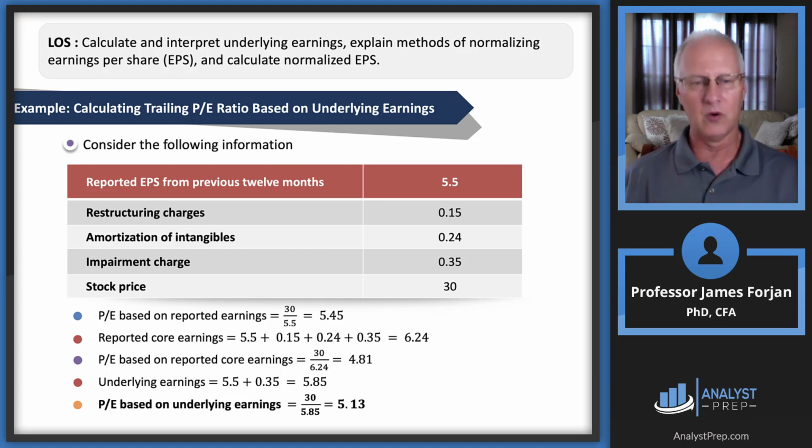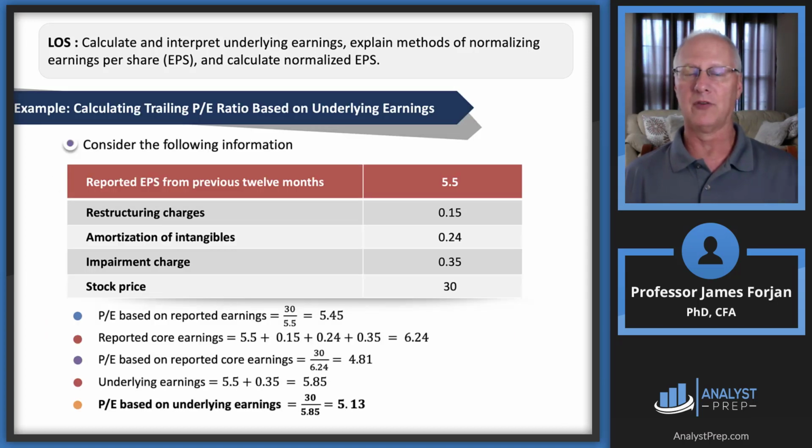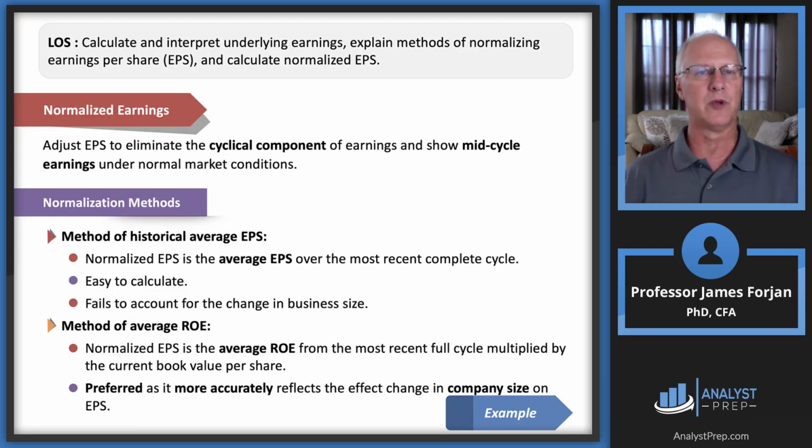Now, you know that any of these four, these are going to be non-recurring items in the overwhelming majority of cases, all right? But there is some leeway with management and its decisions, and that's why we did this in this slide. And by the way, this is similar to the example in the actual reading.